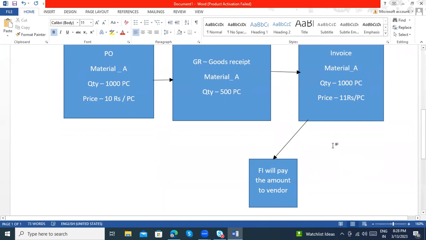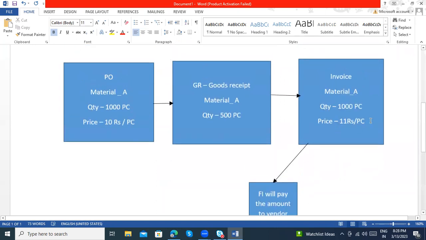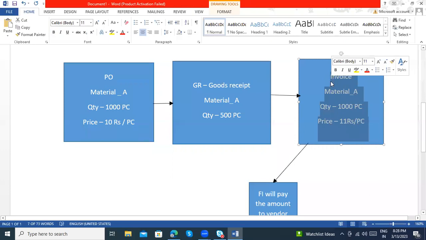There is blocking of the invoice. Blocking the invoice is nothing but when there is a mismatch, a mismatch between the PO quantity and the GR quantity, or a price mismatch. When that happens, even if the material management people mistakenly post the invoice, it will go to the block stage.